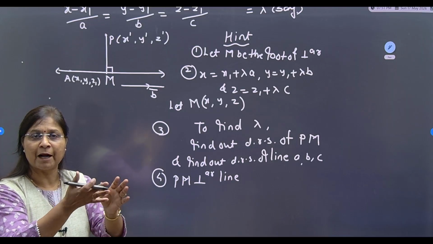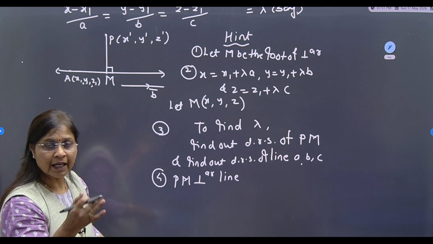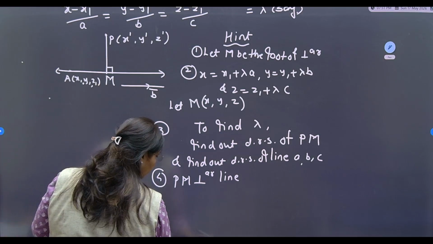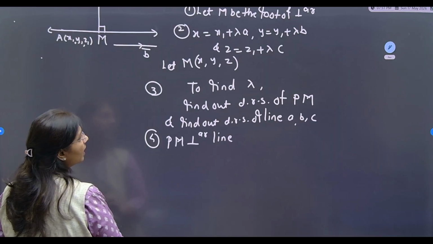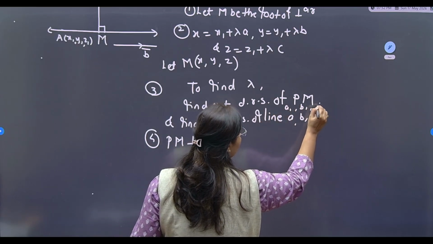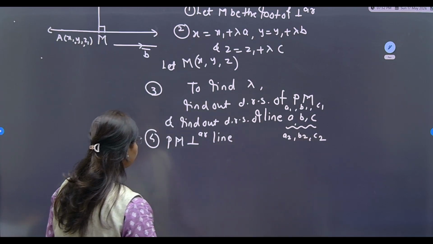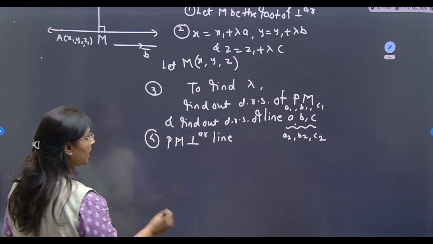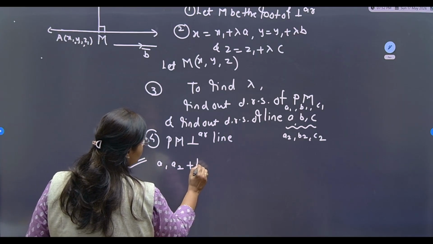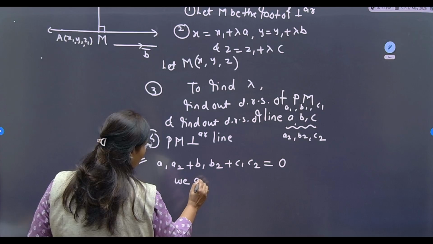If two lines are perpendicular to each other, the relation between their direction ratios is a1 a2 plus b1 b2 plus c1 c2 equals 0. Therefore the direction ratios of PM are a1, b1, c1 and the direction ratios of the line are a2, b2, c2. PM is perpendicular to the line, so using the condition for perpendicular lines, a1 a2 plus b1 b2 plus c1 c2 equals 0, we get the value of lambda.